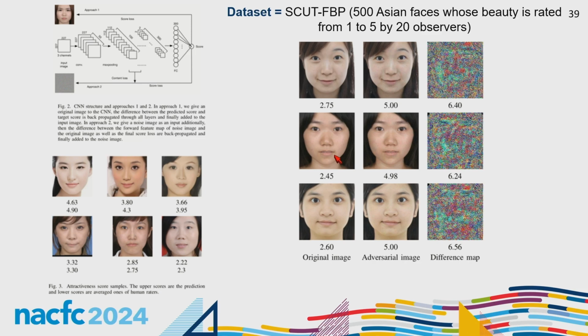You almost don't see any difference between those two images, but if you do the subtraction between these two images, you get this, okay? So the images are a little bit different, but you cannot even see the difference. And just by adding this noise, the ranking of the beauty of the women becomes very different. So small differences can have a huge impact.